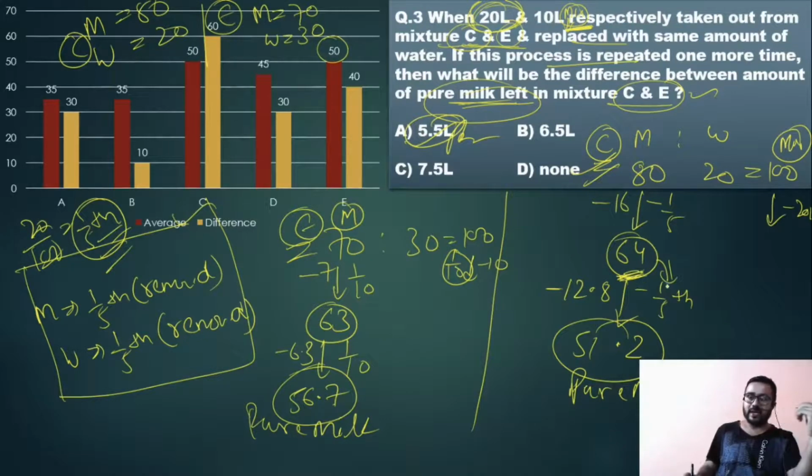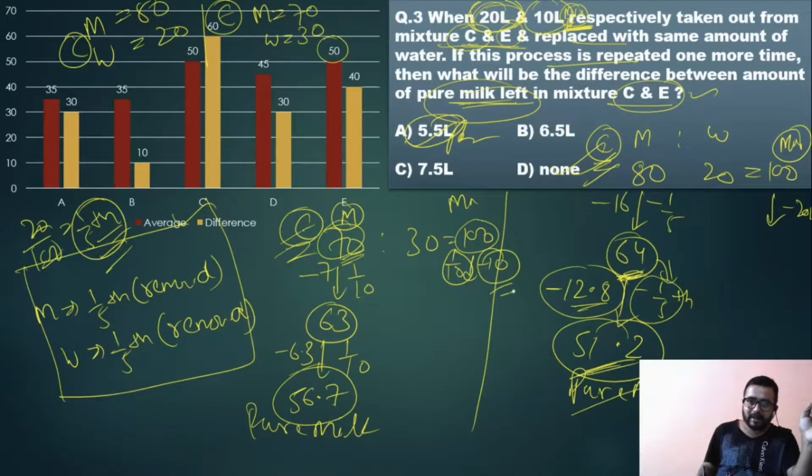So I again remove 1/5 of this 64. 1/5 of this 64 is minus 12.8. So you subtracted this, you got this 51.2. This is the pure milk in C. Now for E, your milk was 70 liter and your total mixture was 100. You were subtracting 10 liter. So if you were subtracting 10 liter, 10 is what percent of 100? So 10 is 1/10 of 100, right?